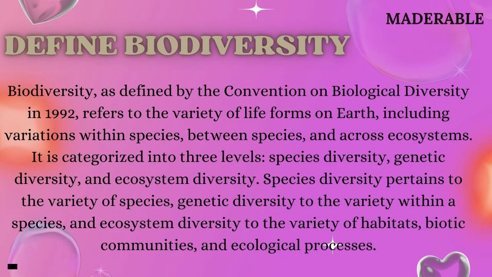Genetic diversity relates to the variations within a species. And ecosystem diversity includes the diversity of habitats and ecological processes. Protecting biodiversity is essential for ecosystem resilience, adaptation, and overall environmental health, highlighting the interconnectedness of all life forms on the planet.